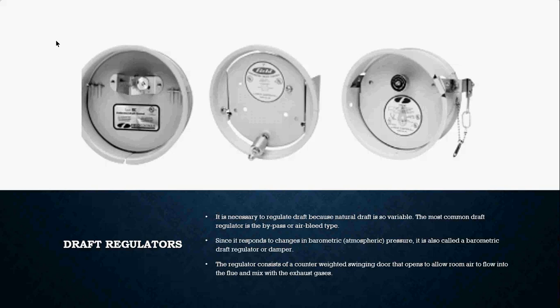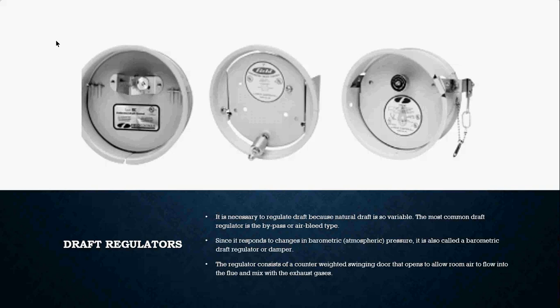So in regards to that, draft regulators, just like what we just mentioned. It is necessary to regulate the draft because natural draft is so variable. The most common draft regulators that we have are your bypass or your air bleed type. Since it responds to changes in barometric pressure, better known as atmospheric pressure, it is also called a barometric draft regulator or damper.